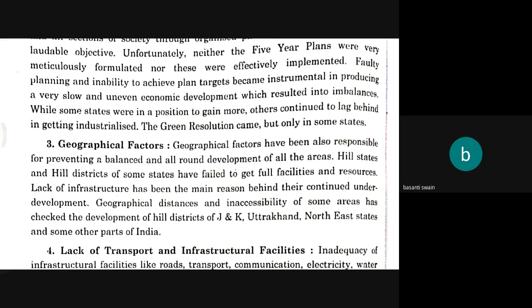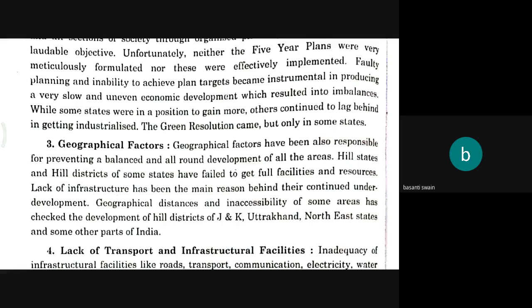Particularly, the hills and hill districts of some states have failed to get full facilities and resources. We have to see Assam, the hilly areas, Mizoram, and Arunachal Pradesh, some hilly areas.